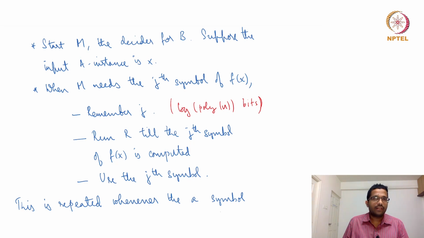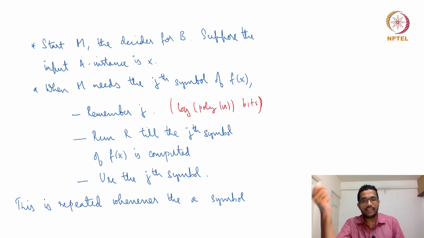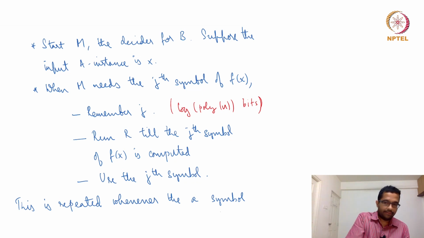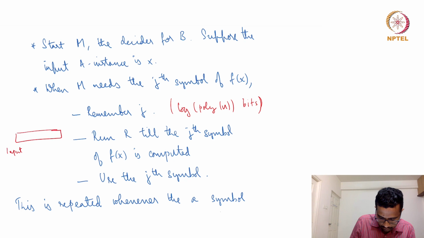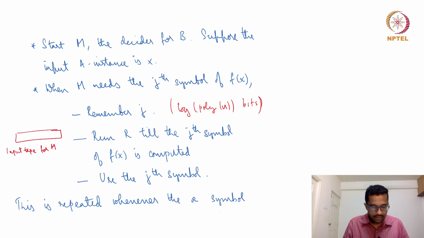So in general, let us say M requires the jth symbol of F of X. So M needs some input, right? So this is the input tape for M. It may not require each one of them in sequence.